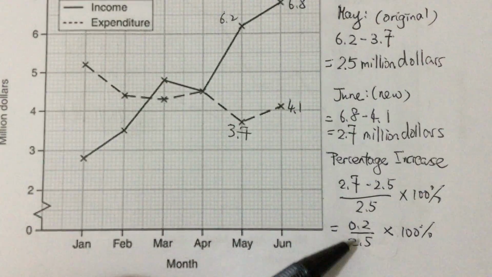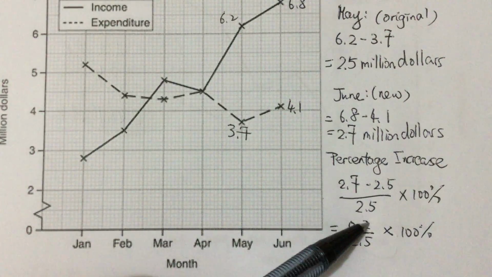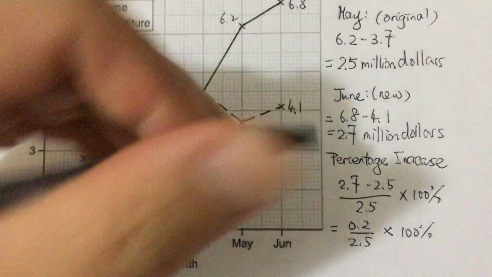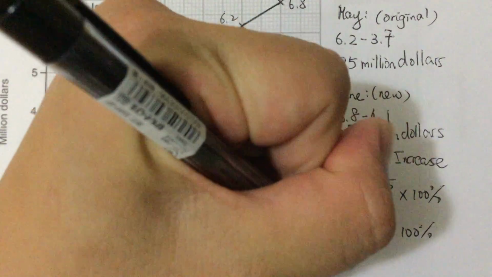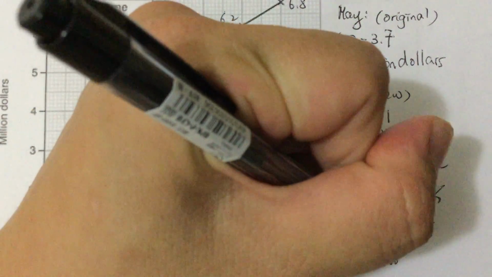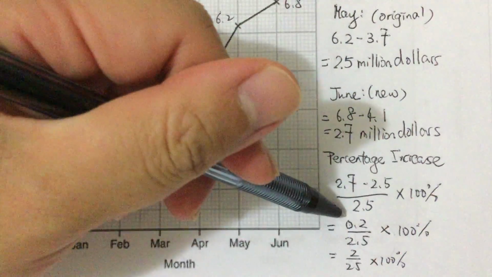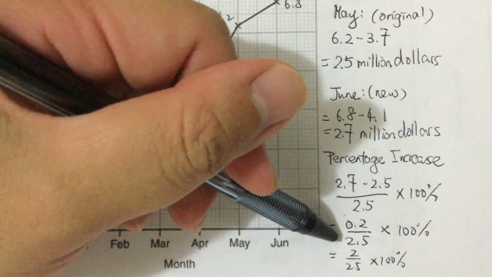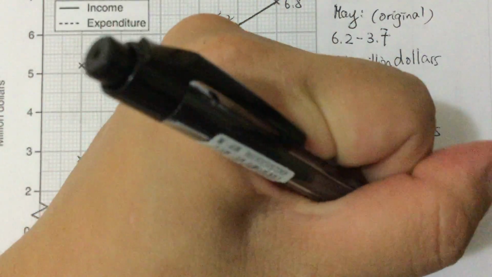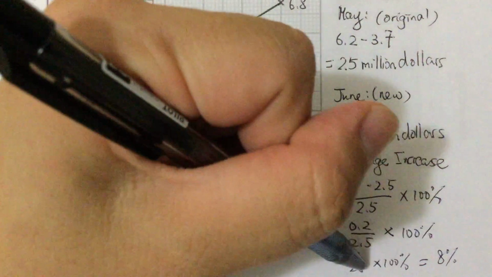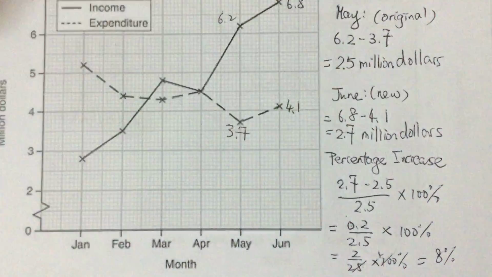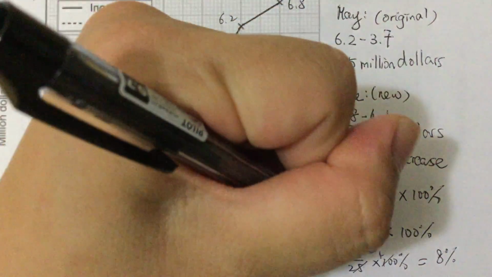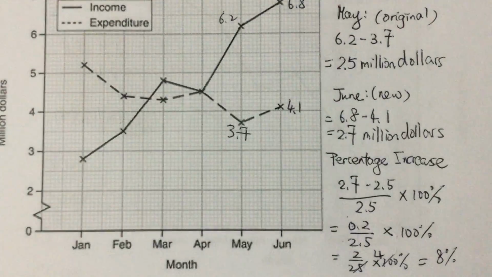You can make it expansion, and you get 2 over 25. So the answer is 2 over 25 times 100%. You times 10 for the numerator and times 10 for the denominator. So this is 8%, because 25 times 4 is 100, and 2 times 4 is 8.